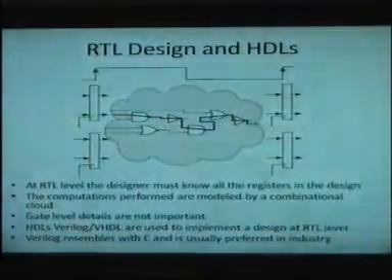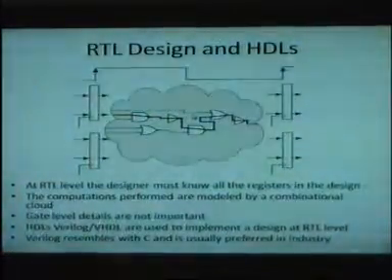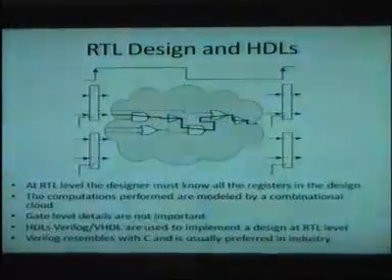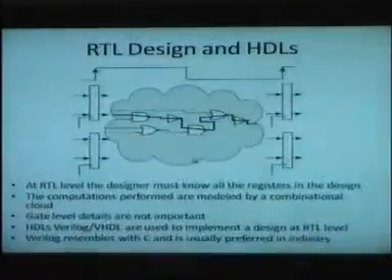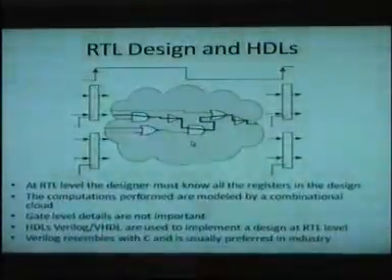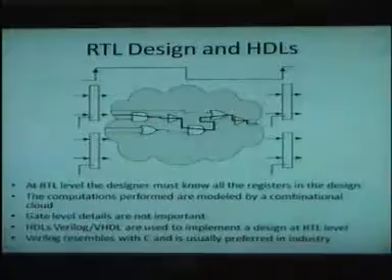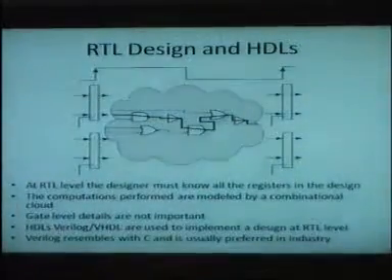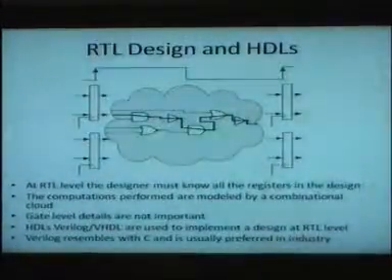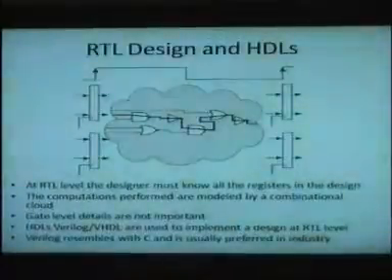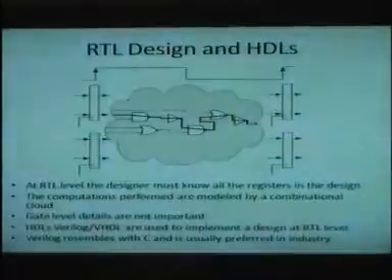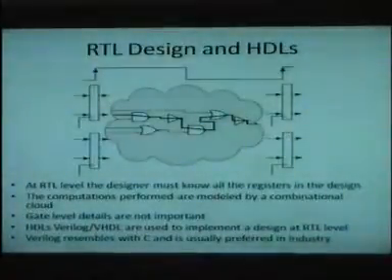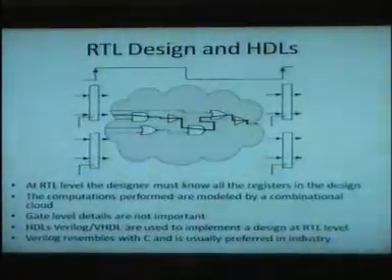The reason is there are so many paths running through your design. If you put a register in, for example, this path, you are stopping these values for one clock cycle, and there may be other paths running parallel to it which you are not stopping. So putting a register sometimes means putting 500 registers, because you have to stop all the values in your design for one clock cycle to make sure they are synchronized.